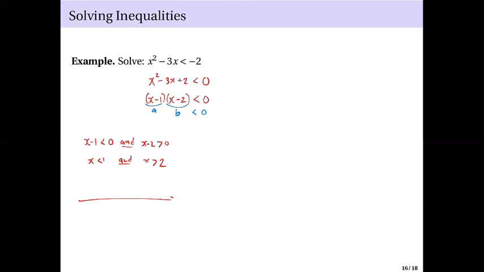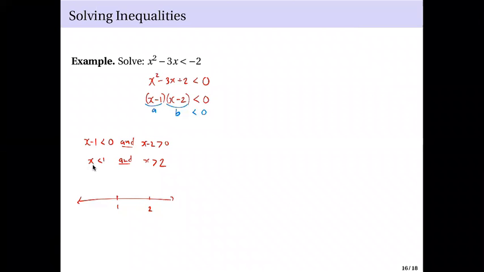So graphically, let's put 1 in here, 2 in here. For this inequality here, x less than 1, we have this parenthesis here. It's an open parenthesis, and it's opening to the left because we want our x to be less than. Okay, so you have this.